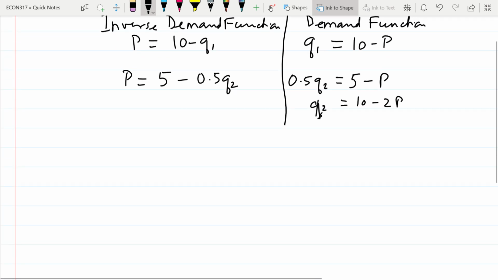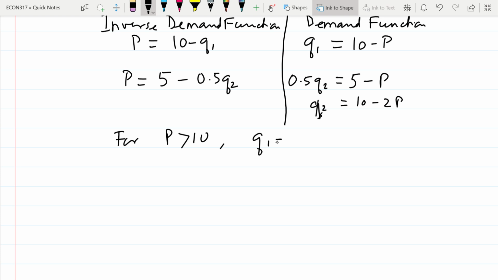As you can notice, buyer 1 will buy positive quantities when price goes below $10, and does not buy any quantity when price is above $10. Buyer 2, on the other hand, doesn't buy any quantity when price is above $5. So if we look at the market demand for price above $10, I know Q1 is 0, Q2 is 0, so the market demand, which is the sum of these two, is 0 as well.